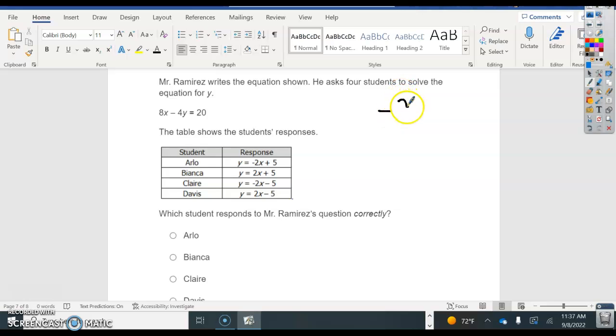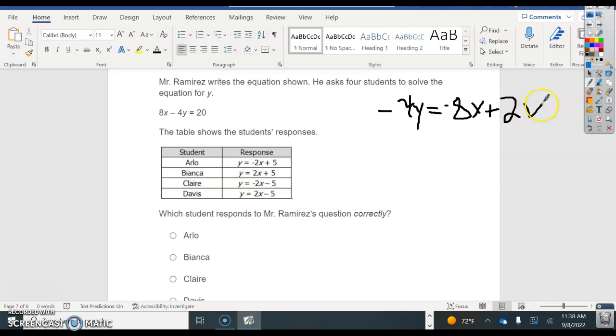So I've got negative 4y. Wish I had my stylus pen. Sorry, guys. All right, negative 4y equals, if I subtract 8x from both sides, it moves it to the other side. I cannot combine the x with the number, so I still have plus 20 here.